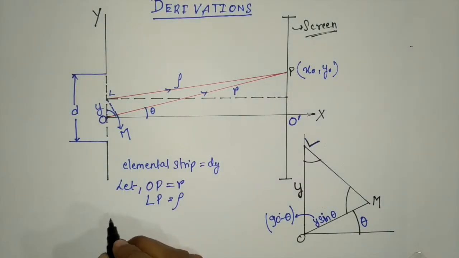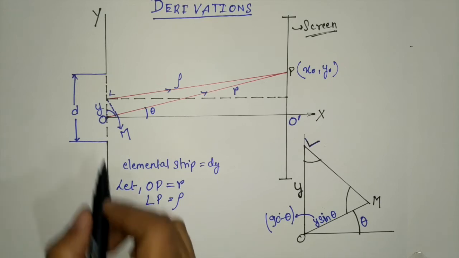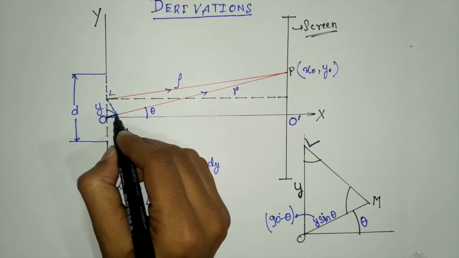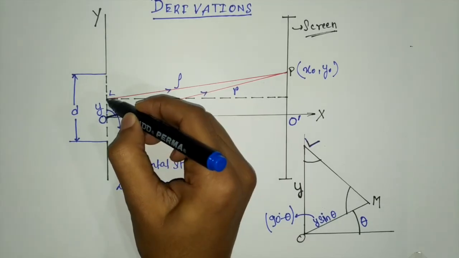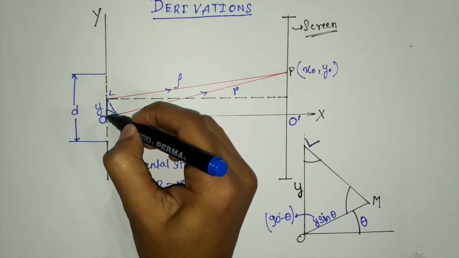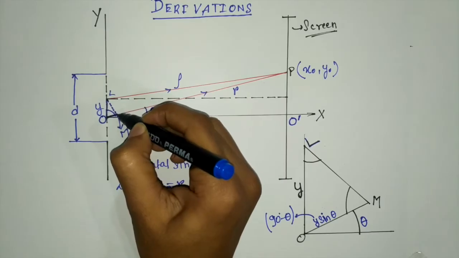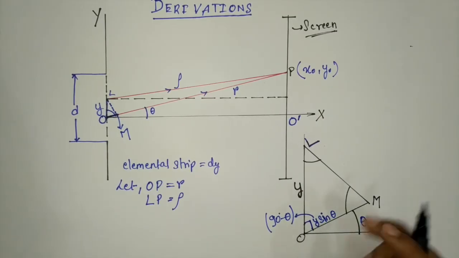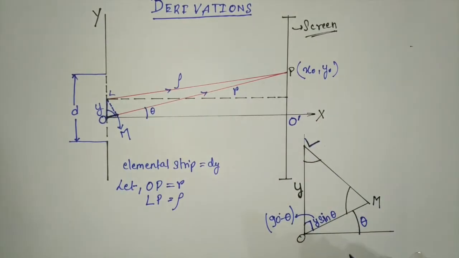So if we consider OM, that is only this distance, OM is from a right angle triangle O, L and M, that I have drawn here for convenience of understanding. O, L and M forms a right angle triangle where this angle is 90 degree, this is y sine theta, this is y.